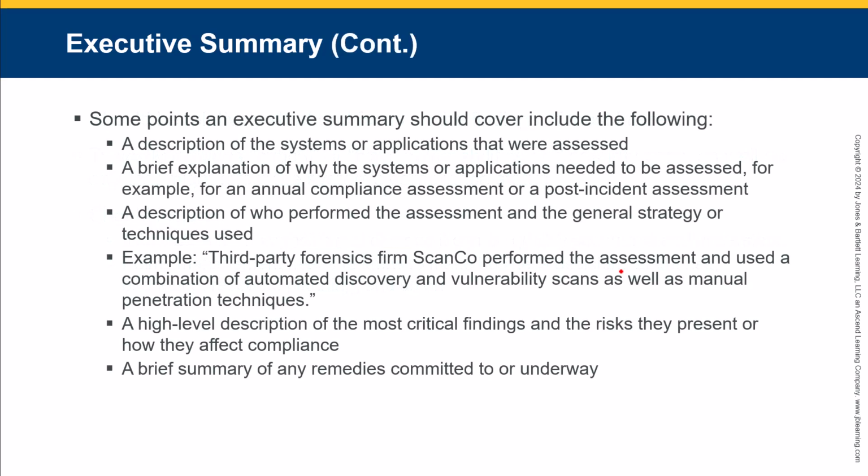As we move past that, we have a description of the systems and apps that were assessed, a brief explanation of why, and a description of who, if there's third-party forensics, if there's any other high-level items that are really critical, and any risks that the executives or management need to know about. And again, typically a brief summary of remediation or remedies that are current or underway.